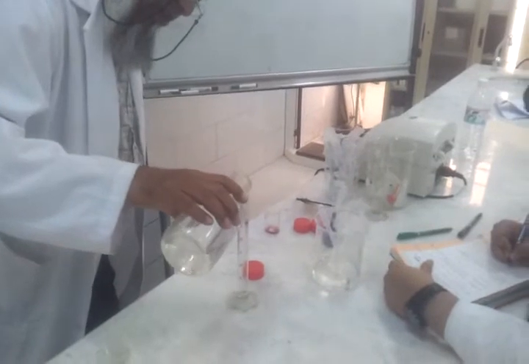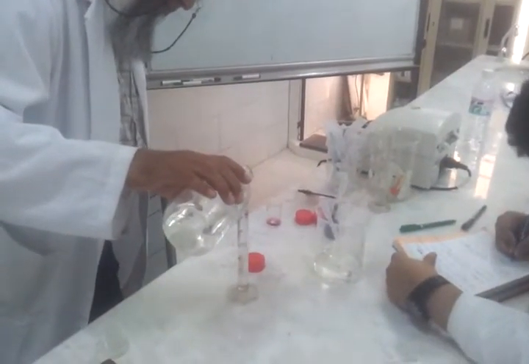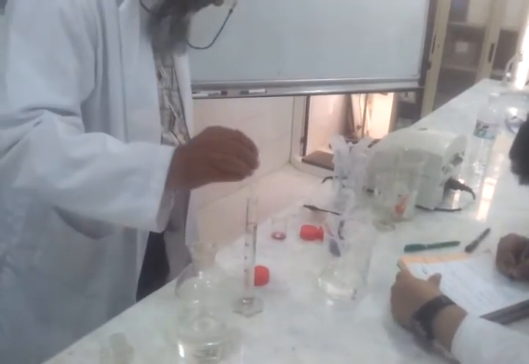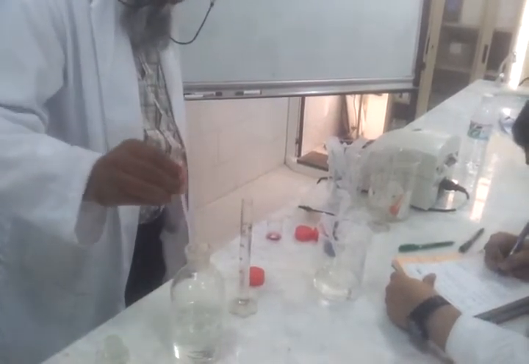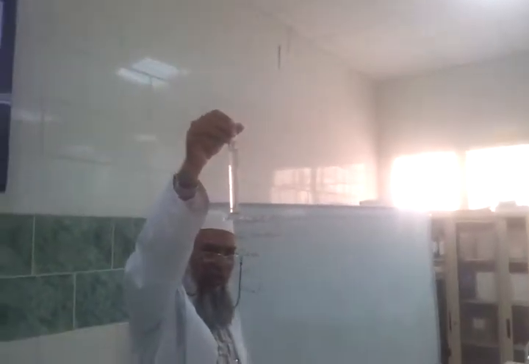Known volume means, let's take 25 ml. Okay, so now it is 25 ml sodium hydroxide.